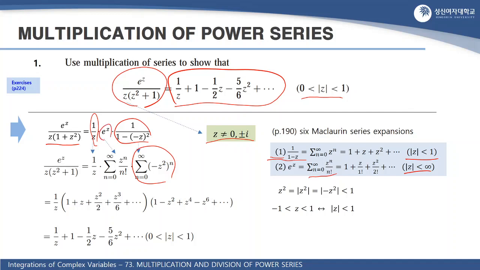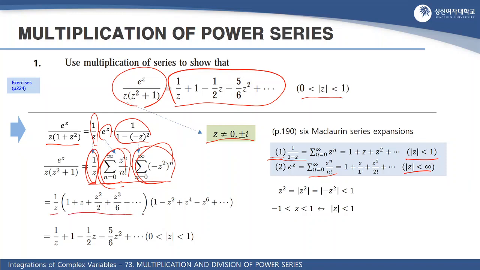And e to the g can be replaced by this expansion, summation n equals 0 to infinity of g to the n divided by n factorial. And for this term we have nothing to do, just multiply these terms, expand this series times this series and this series.